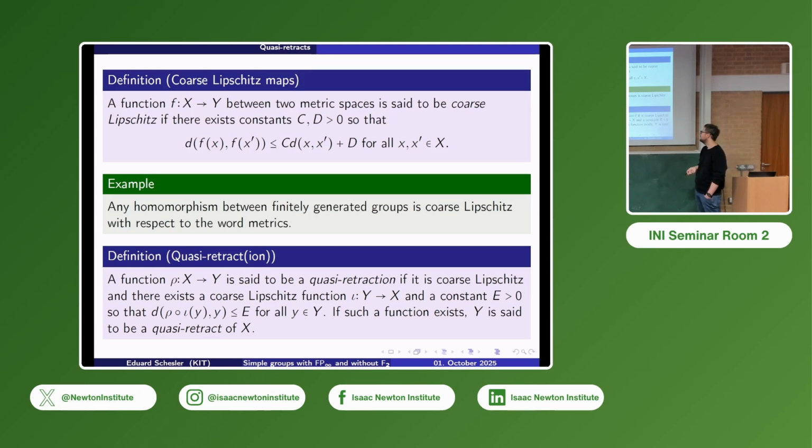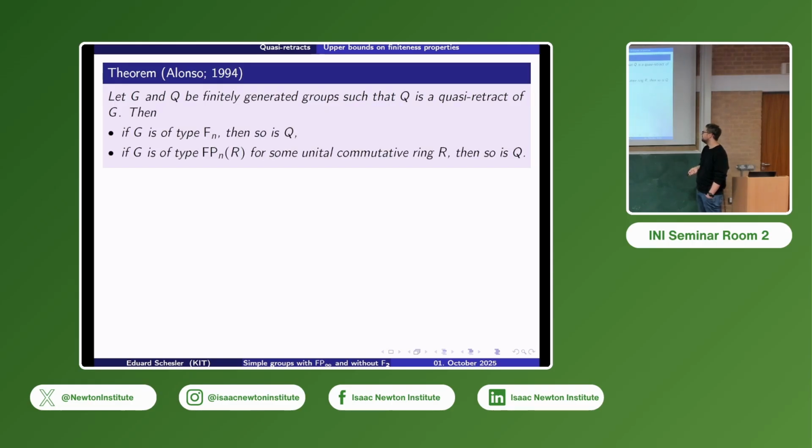In the case of existence, Y is called a quasi-retract of X, and rho is a quasi-retraction. The reason why we look at quasi-retractions, as I already mentioned, is that they give upper bounds on finiteness properties.